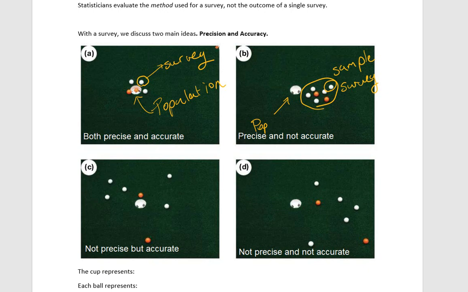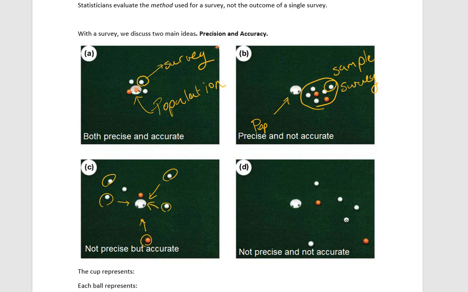Now, on part C, we can see that it's not precise, but it is accurate. What that means is that our samples are all kind of wonky, like they're not close to each other, but if you look at this, you can kind of see that they are aimed towards the population.